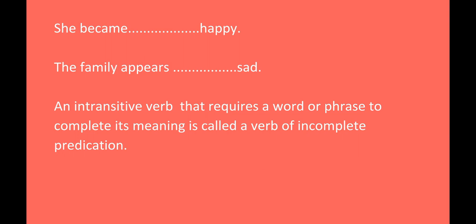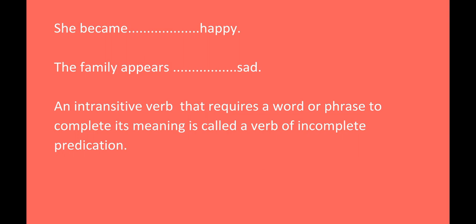So an intransitive verb that requires a word or phrase to complete its meaning is called verbs of incomplete predication, and the word or words required to make the sense complete is called the complement of the verb. So in this case, happy and sad are the complement of the verb, because after adding them to the sentence, the meaning becomes clear.